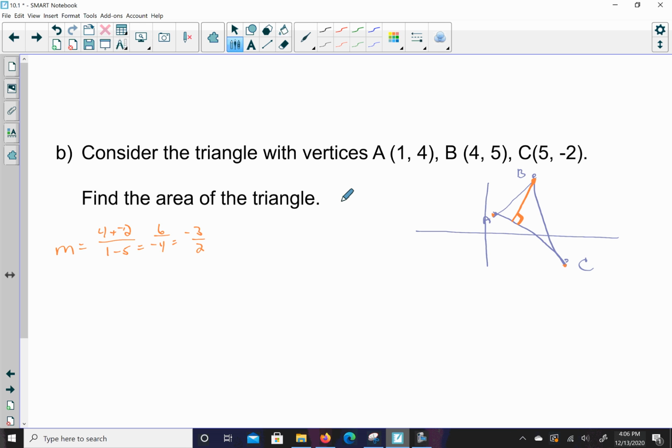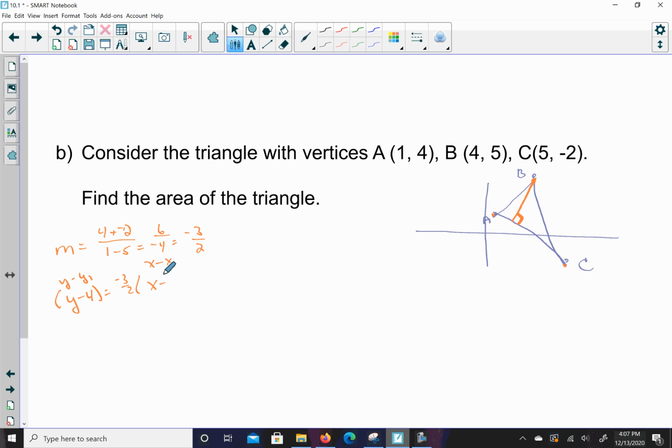To find my y-intercept, because I'm not given my y-intercept, I like point slopes, so I'm doing point slopes. So I'm going to do y minus 4, y minus y sub 1, is equal to my slope, -3/2, times x minus x sub 1.